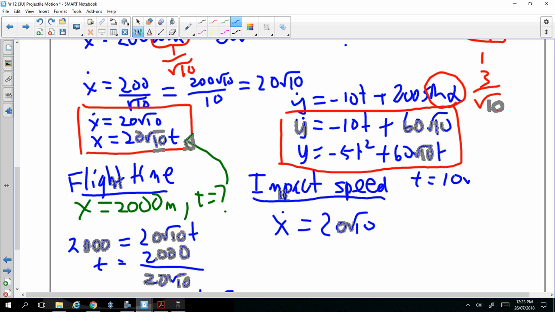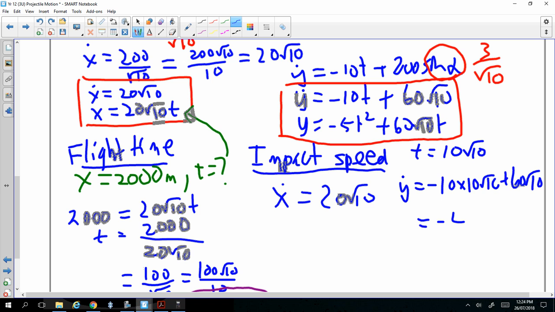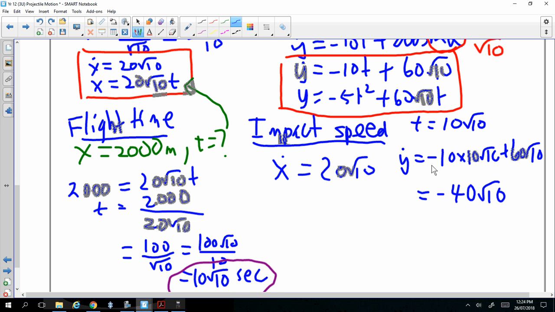So you get negative 40 root 10. Then work out v. Now v equals the square root of x dot squared plus y dot squared. So you get 20 root 10 squared plus negative 40 root 10 squared.